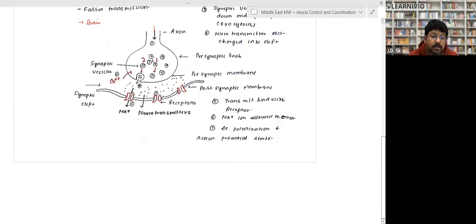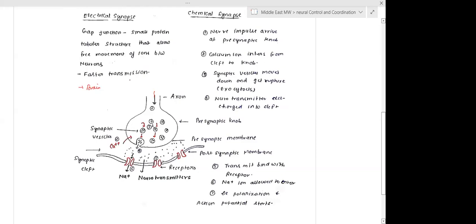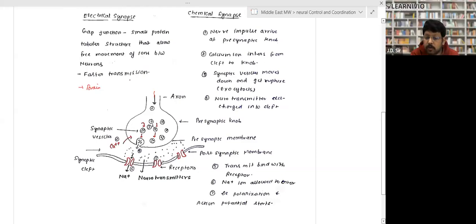Fourth step, this neurotransmitter is received by the receptor present in the other neuron. The receptor receives the neurotransmitter and the channel opens. Due to the opening of the channel, sodium ion enters the other neuron, and that's how the nerve impulse is transmitted from one neuron to another. Is it clear? Take the screenshot of this part as well, and I expect you will note it down in your notebook.